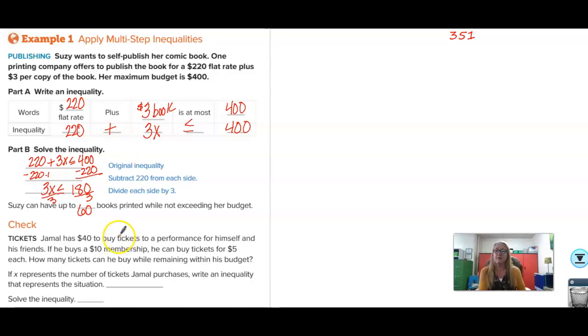Okay, so here we have a check. Jamal has $40 to buy tickets to a performance for himself and his friends. If he buys a $10 membership, so that's our flat rate, the $10 membership, he can buy tickets for $5 each. So he's also going to be paying $5 per ticket, and that has to be less than or equal to the total amount of money he has so he doesn't go over budget.